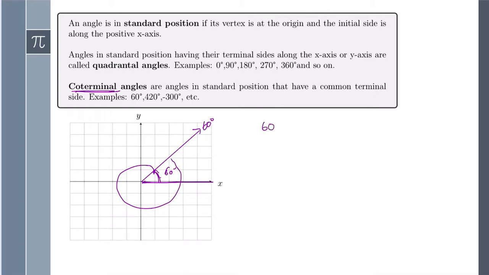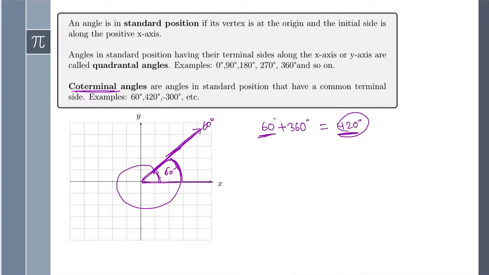So I had the 60 initially, and then when I went through another full revolution of 360 degrees, I get 420 degrees. So this angle is again the same angle with the same terminal side here. So 60 degrees and 420 degrees are called coterminal angles because they have a common terminal side, okay.